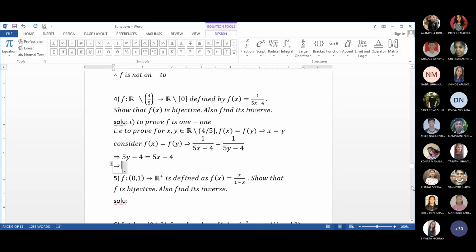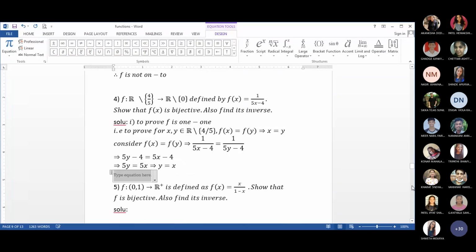Simplifying, if I add 4 on both sides, I get 5x equals 5y, and then dividing by 5, I get y is equal to x, and this implies the function is 1 to 1.